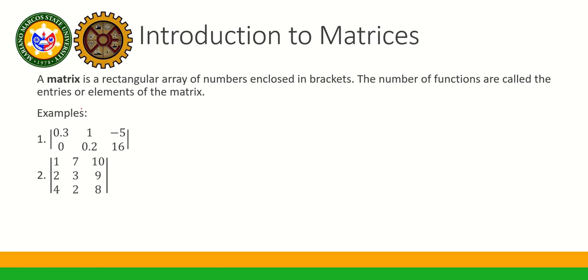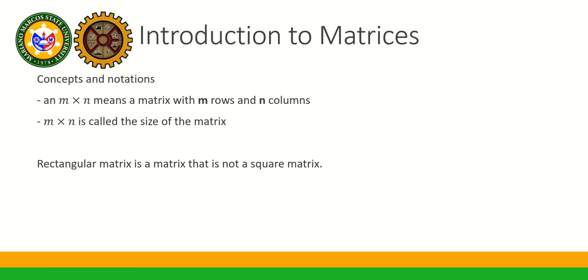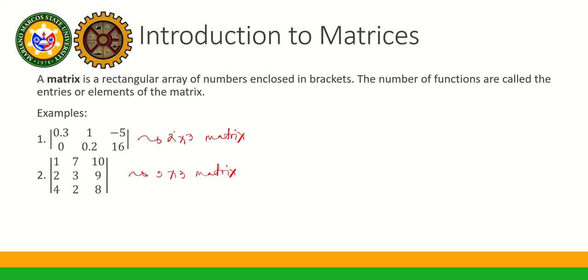Okay, so dito sa una, this is a 2 by 3 matrix. Whereas sa pangalawa naman, we have a 3 by 3 matrix. Okay, so concepts and notations. An M by N means a matrix with M rows and N columns. That's why dito sa example kanina, I wrote 2 here, tapos 3 dito, kasi meron tayong dalawang rows and tatlong columns.